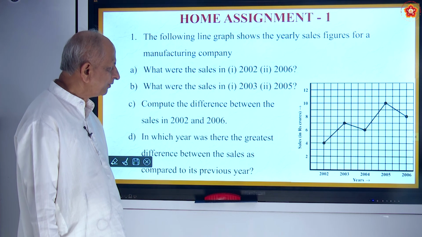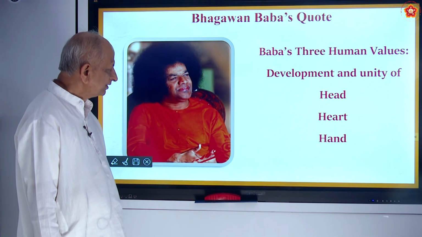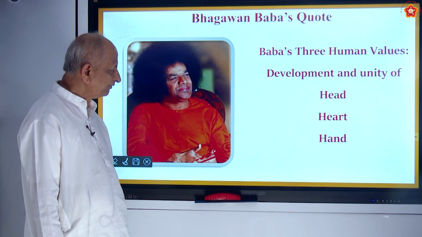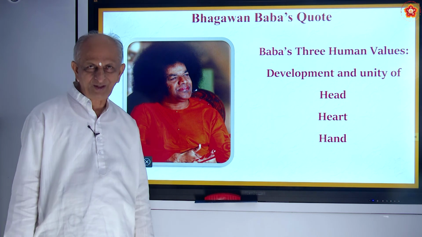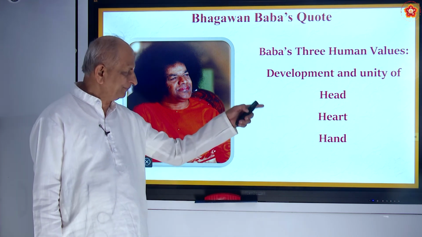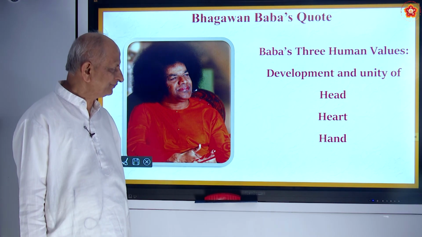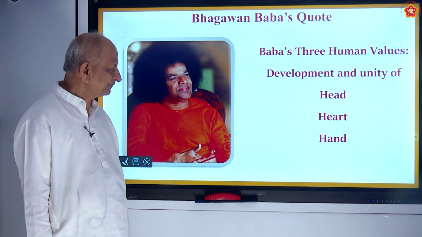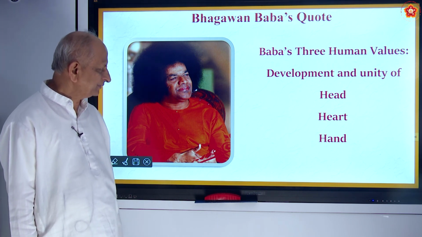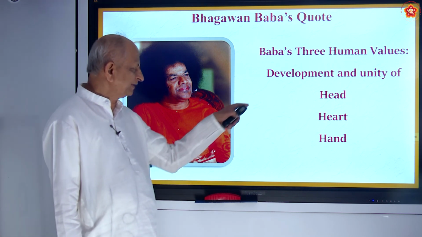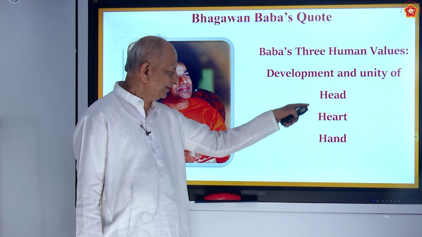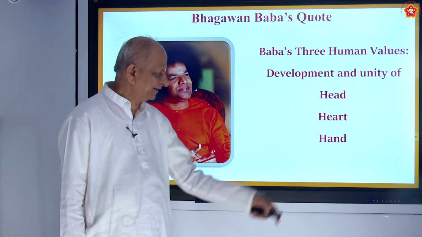Now let us see what Bhagwan Baba says. Baba is telling about 3 human values. There are so many human values. Here are 3 important ones, the 3 H's. One must develop the unity of head, heart and hand.